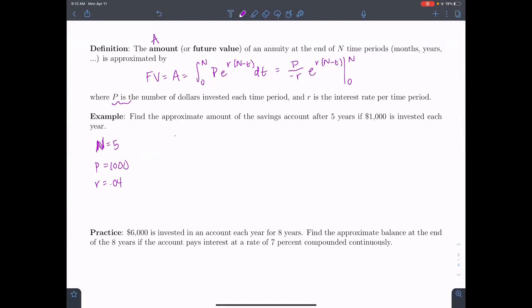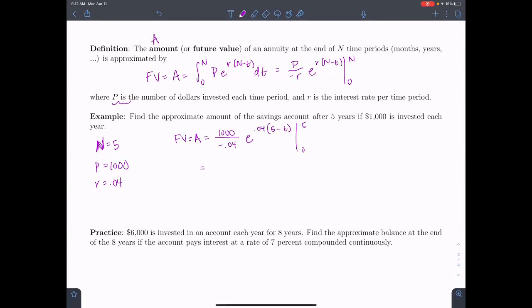The future value for this annuity is going to be 1,000 divided by negative 0.04 times e to the 0.04 times (5 minus t), evaluated from 0 to 5.